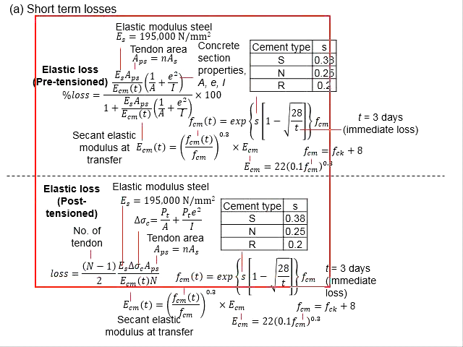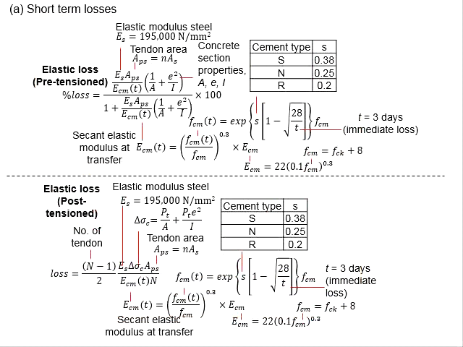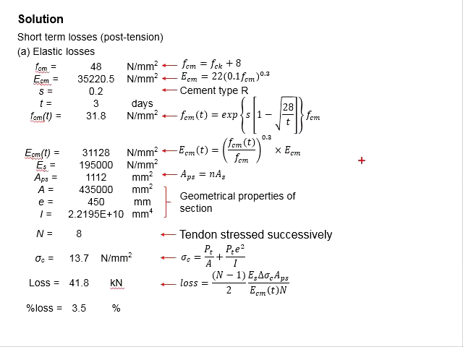Based on this slide, for the elastic losses of the post-tension member, these equations will be used. With that, we will need to find the relevant parameters in order to compute the losses.